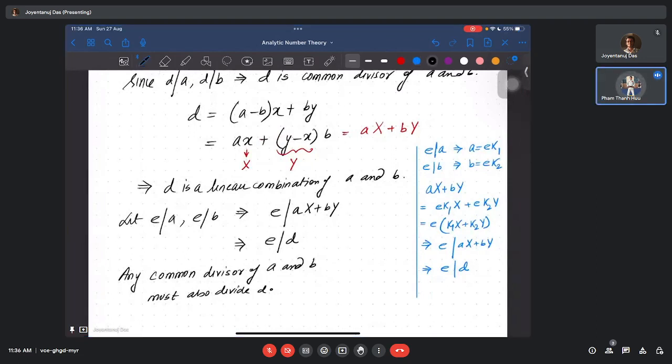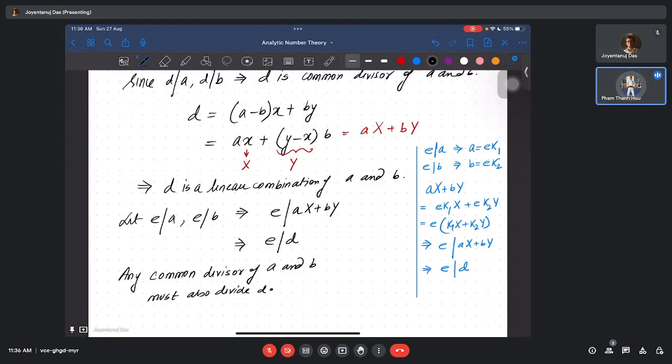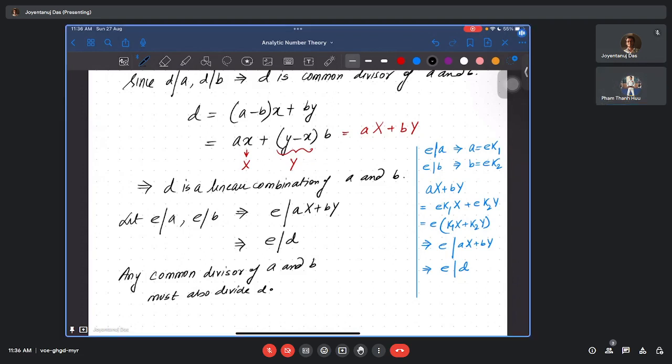A X plus B Y equals E multiplied with something. Okay, yes, that still makes sense. So any common divisor of A and B must also divide D, because it is a linear combination of A and B, right?